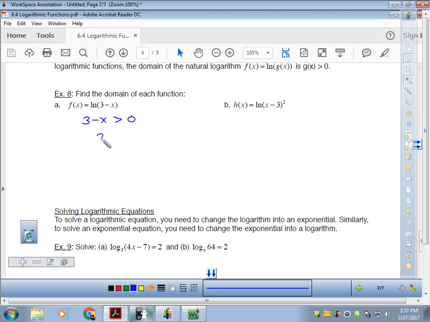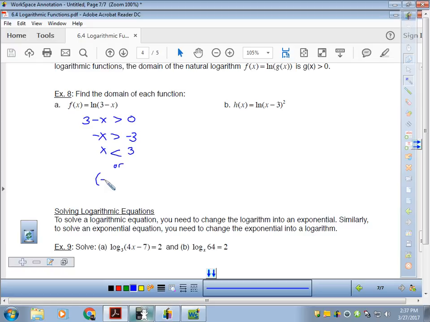Move the 3 over, so negative x has to be greater than negative 3. Then we would divide both sides by negative 1. But remember, when you divide by a negative, the inequality flips, so it's going to be this now. Negative x divided by negative 1 is x. Negative 3 divided by negative 1 is 3. So x has to be less than 3.